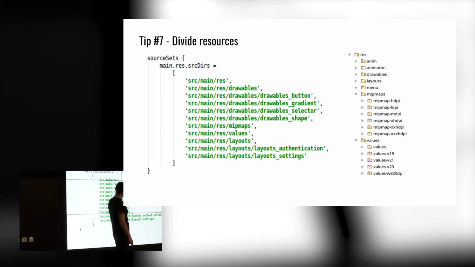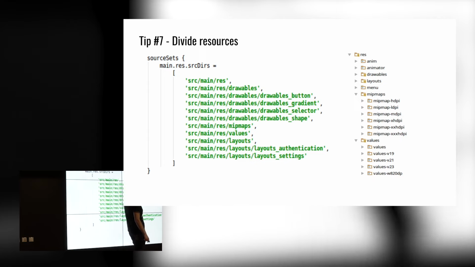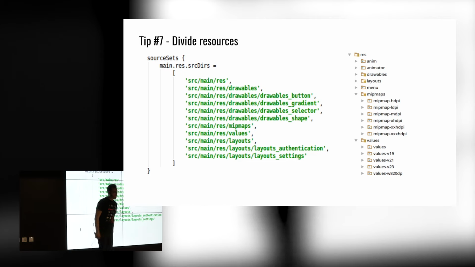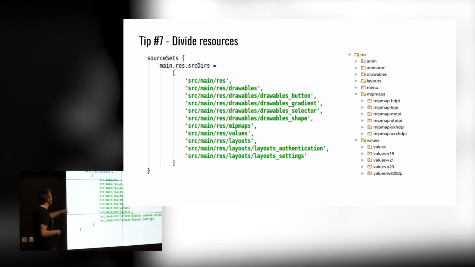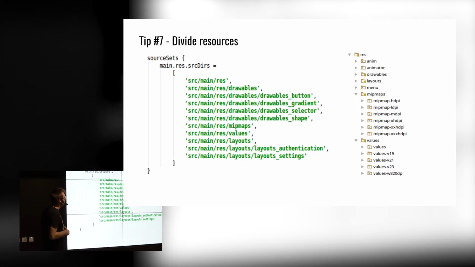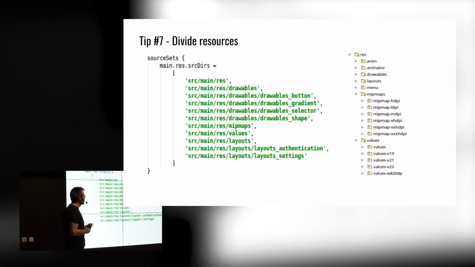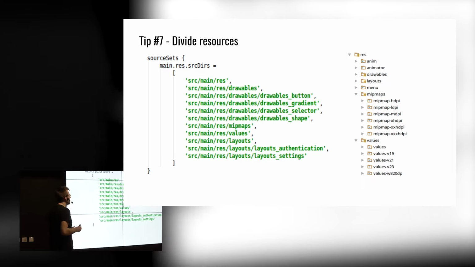For example, I've put all my drawables in a drawables folder, and then created button, gradient, and selector shape folders for other drawables. You can do this simply by putting those lines in your Gradle file and then creating the folders with appropriate names.